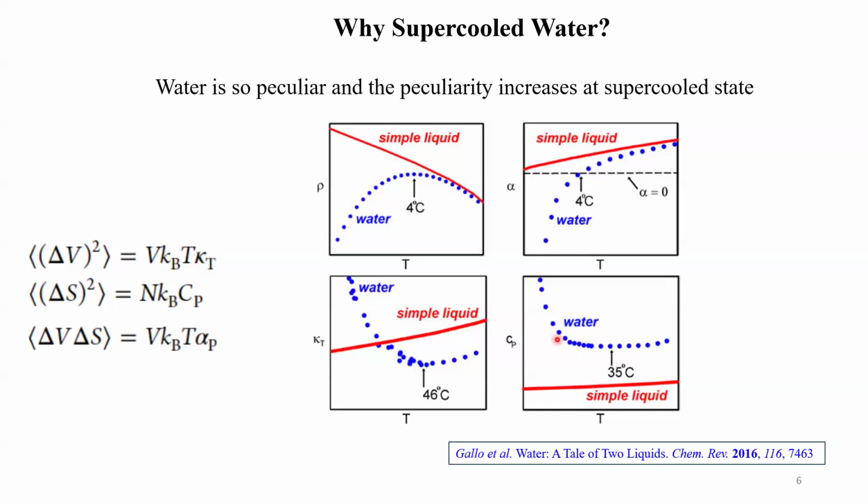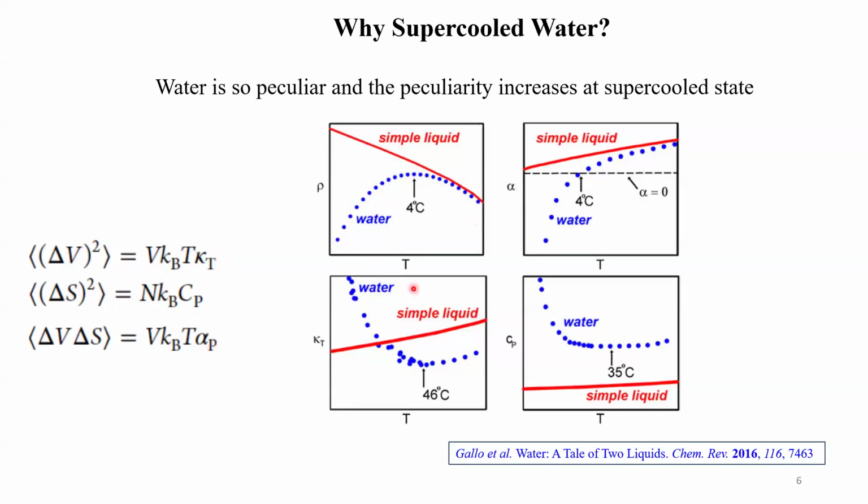Same thing for the heat capacity of water. These thermodynamic quantities, this anomalous behavior, can be beautifully explained by the fluctuations of volume and entropy. For example, the isothermal compressibility is expressed by the fluctuations of volume, the heat capacity by the fluctuations of entropy, and the thermal expansion coefficient by the correlated volume and entropy fluctuations.